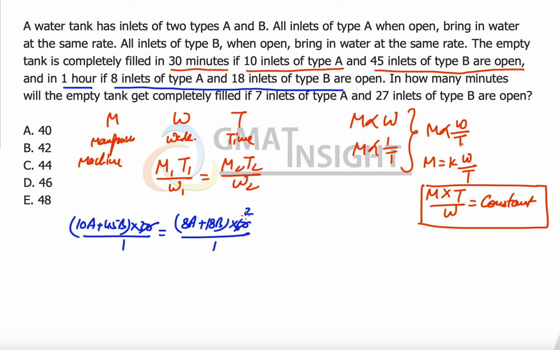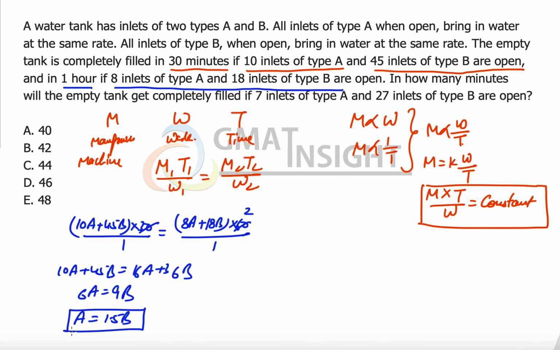Let's quickly simplify this. So we have here divided by 2. Simplifying this gives us 10A plus 45B is equal to 16A plus 36B. That gives us 6A is equal to 9B and A is equal to 1.5 times B. That means inlet A is 50% more efficient than inlet B.